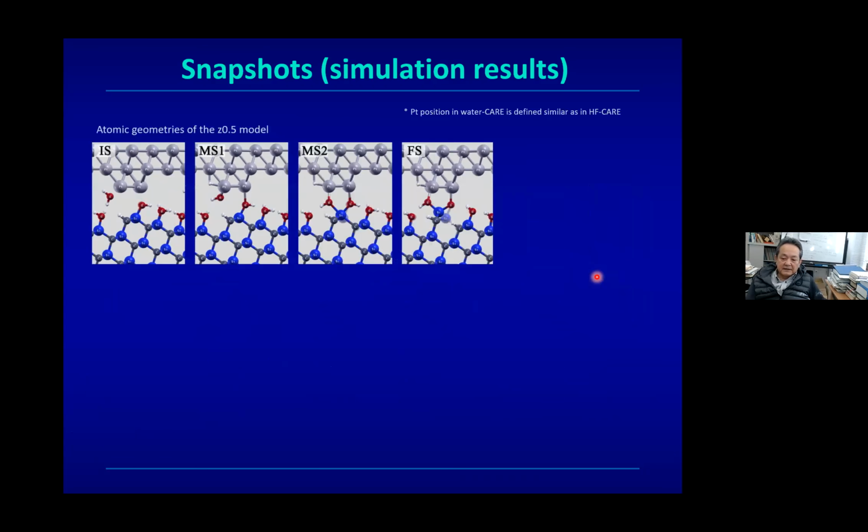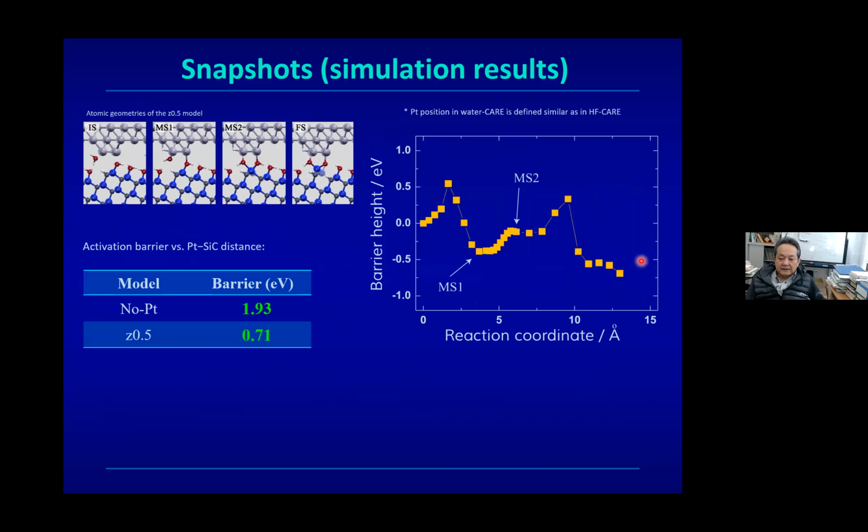And the energy diagram is here. As you can see, the reaction barrier is reduced to 0.7 eV. It's low enough to proceed at room temperature. And in the case of no platinum, the barrier height was 2 eV. Also in this case, the five-fold coordination situation was a metastable state. It stabilized from a higher state to a very low state. This is very important.